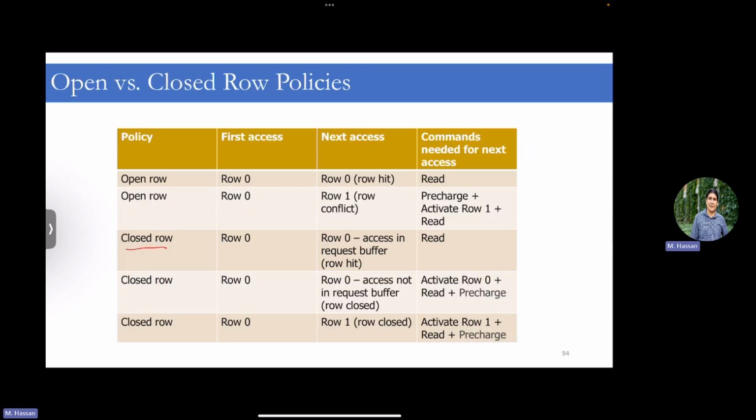If you have a closed row policy, and this is row 0 and this is row 0, in reality there is nothing kept in the row buffer. So in that case, all of the time you would need an activate and a read. Access not in request buffer, row closed. So you have an activate, read and pre-charge. For every single closed page policy access, it's 3 commands: activate, read, pre-charge. Good.